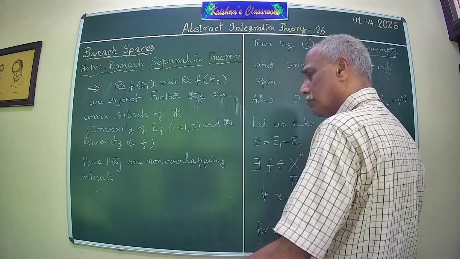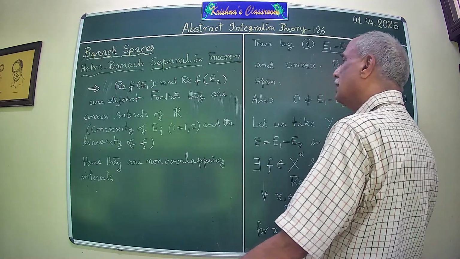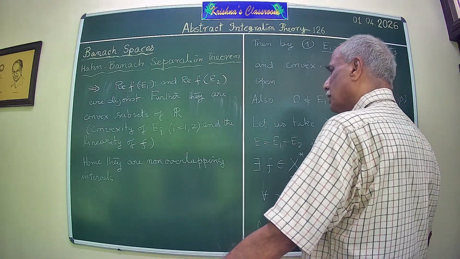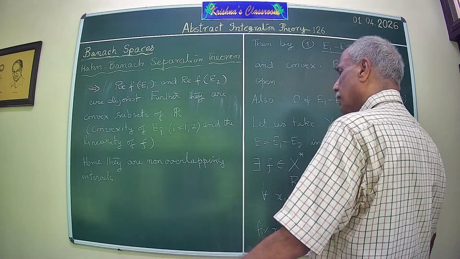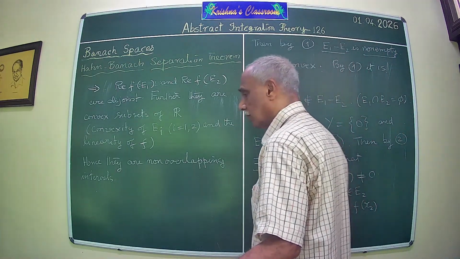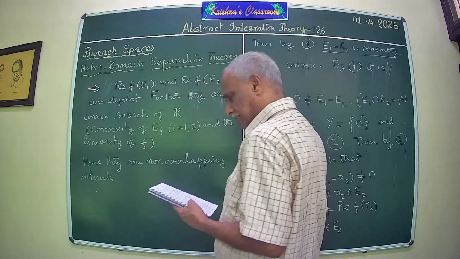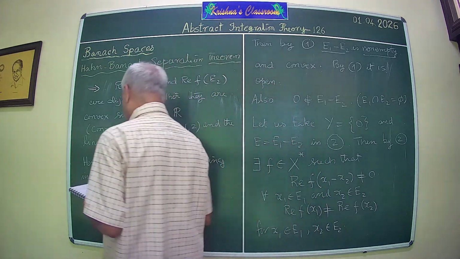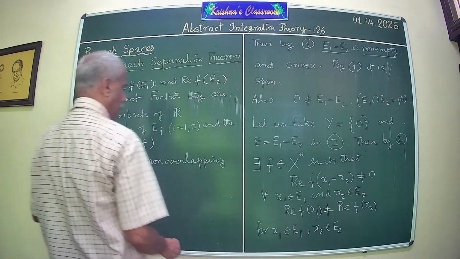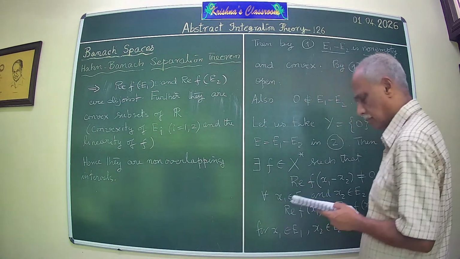You have a corresponding t such that the point is equal to t x1 plus 1 minus t y1. Apply the linearity of real f. Get the result. So that's easy. So they are non-overlapping intervals. So we have proved that they are non-overlapping. They are also now intervals.